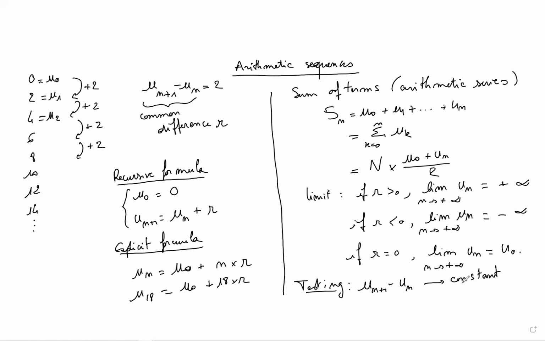Then your sequence is arithmetic, and the result is your common difference. If it's not constant, meaning it depends on n, then your sequence is not arithmetic.